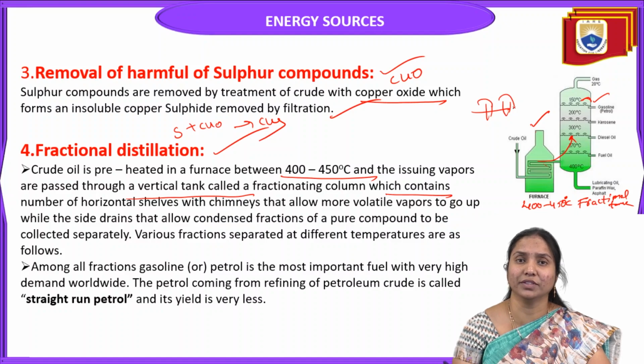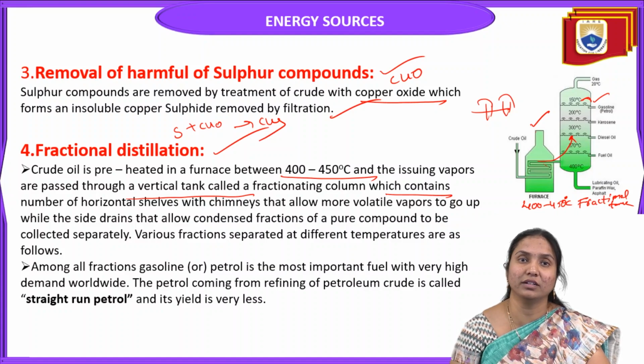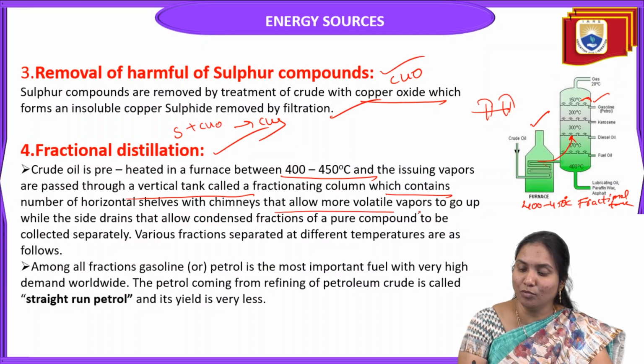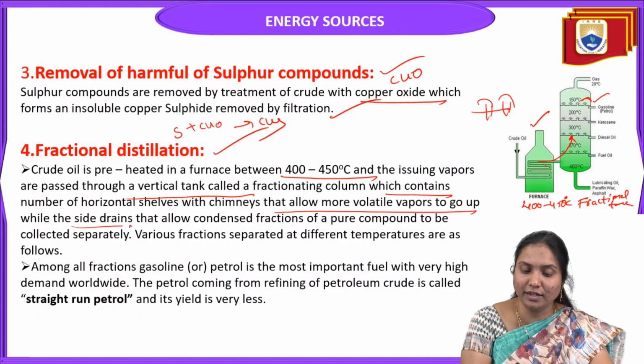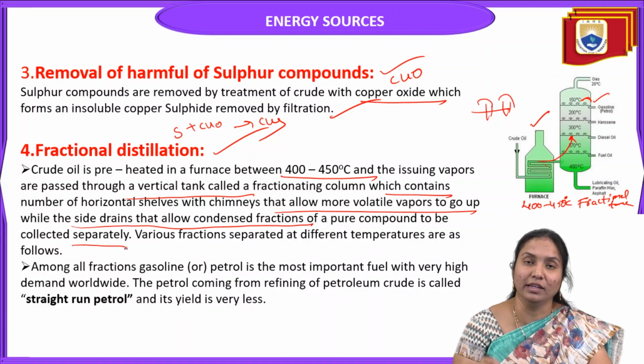So crude oil is first heated in this furnace at 400 to 450 degrees centigrade, and the oil gives vapors. These vapors are sent to this large tank, called the fractionating column or fractional tank, containing a number of horizontal shelves with chimneys. These allow more volatile vapors to go up by the side, and allow the condensed fraction of a pure compound to be collected separately.